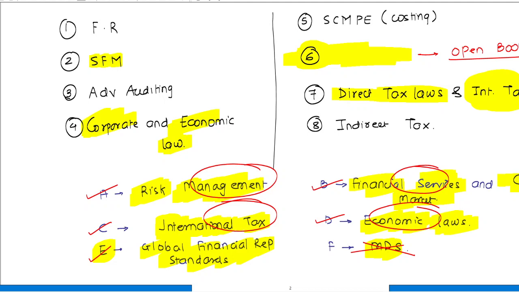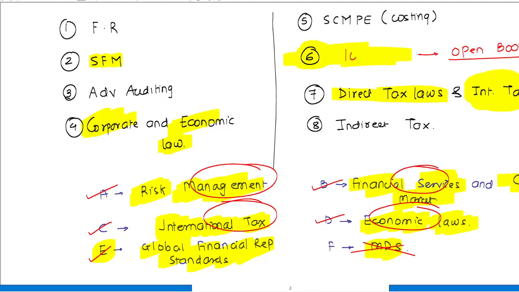The purpose of making this video was to make you aware of which subject to choose at the paper number 6 level, because paper number 6 is going to give you 100 marks, and we cannot play with 100 marks.